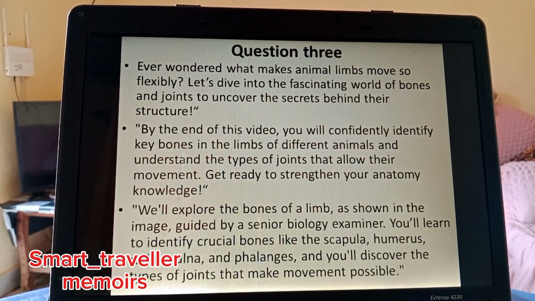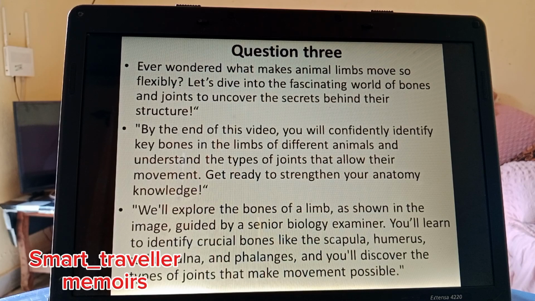Question 3. Ever wondered what makes animal limbs move so flexibly? Let's dive into the fascinating world of bones and joints to uncover the secrets behind their structure. By the end of this video, you will confidently identify key bones in the limbs of different animals and understand the types of joints that allow their movement.